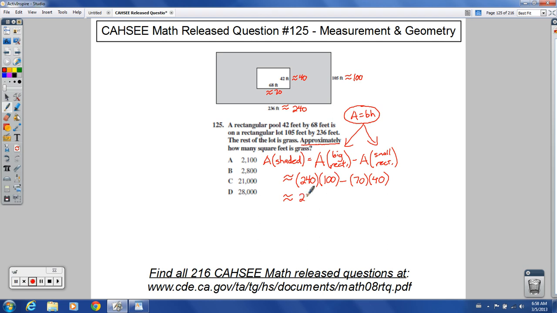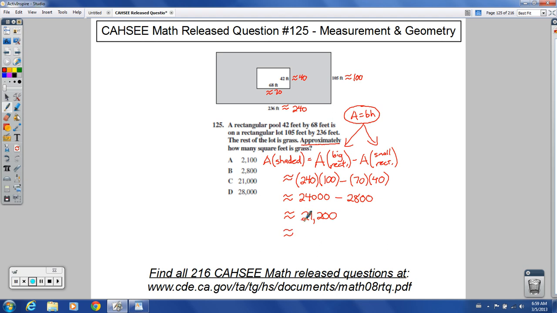So I have 24, and then 1, 2, 3, minus, this will be 7 times 4 would be 28. And then add the zeros after that, a 0 and a 0. There's 2 zeros. If you do that, this is about 24,000 minus 3,000 would be 21,000, so this is 21,200.